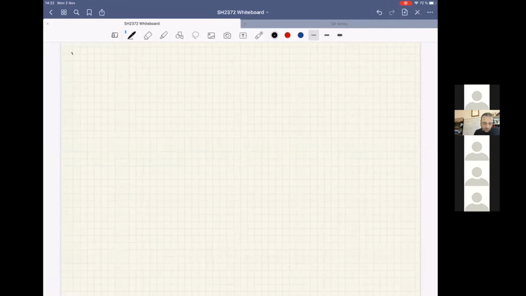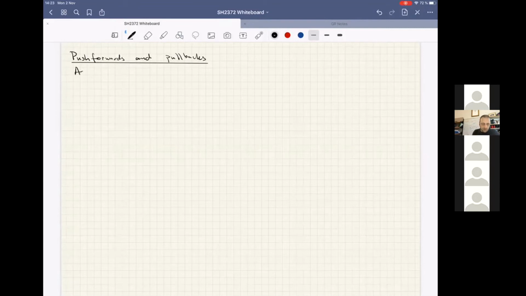So what we're going to discuss is called push forwards and pullbacks. The first thing with push forwards and pullbacks is that they relate to when you have a function or a mapping from one manifold to another manifold, or a mapping from a manifold to itself.